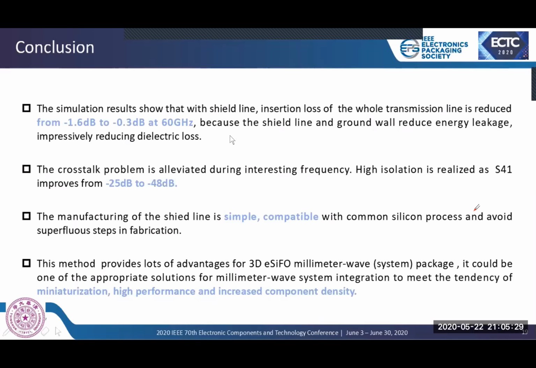Finally, this method proves to have many advantages for three-dimensional millimeter wave packages. It could be one of the appropriate solutions for millimeter wave system integration to meet the tendency of miniaturization, high performance, and increased component density.